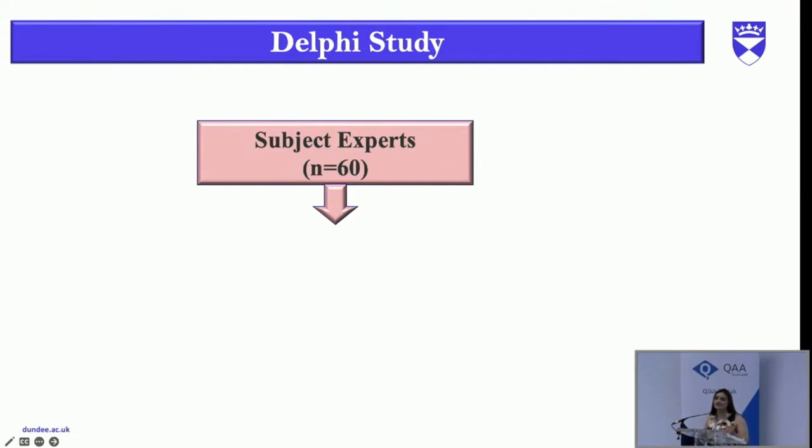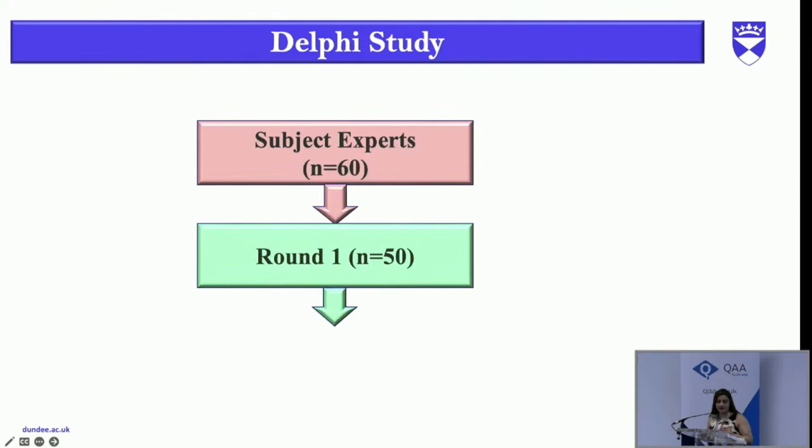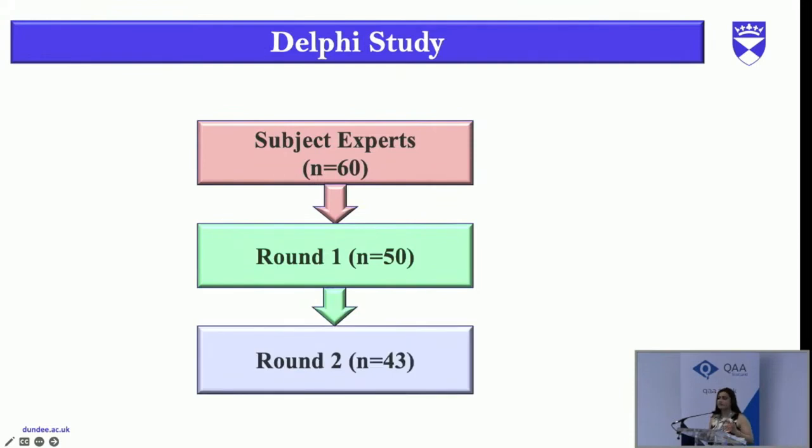I sent the rating scale and the 69-item questionnaire to 60 experts in the first round. In round 1, 50 responded, and in round 2, 43 responded.